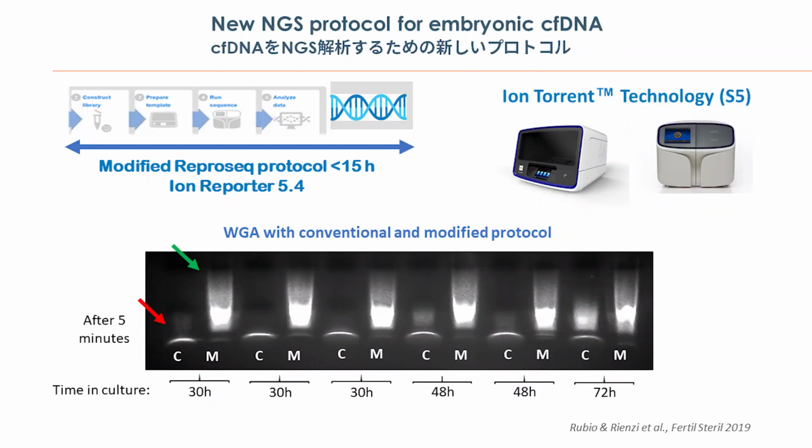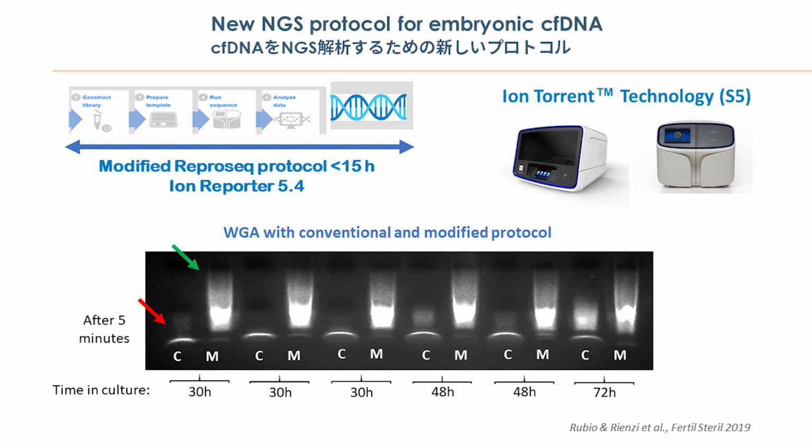This was the IVF lab part, and now I'm going to talk about what we did in the molecular laboratory, what we improved compared to our first study. We realized that the amount and the nature of the DNA in the media was different from the trophectoderm biopsy. So we worked on the amplification protocol, the whole genome amplification protocol, and we modified it in a way that we can increase the DNA.